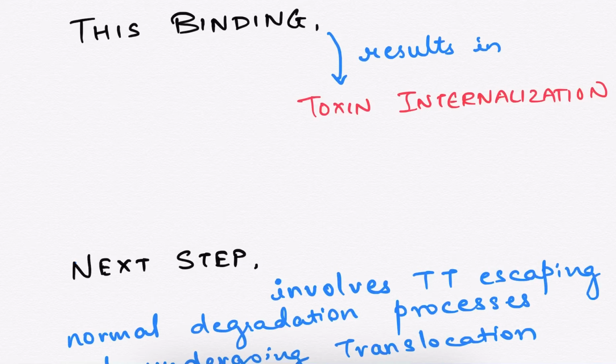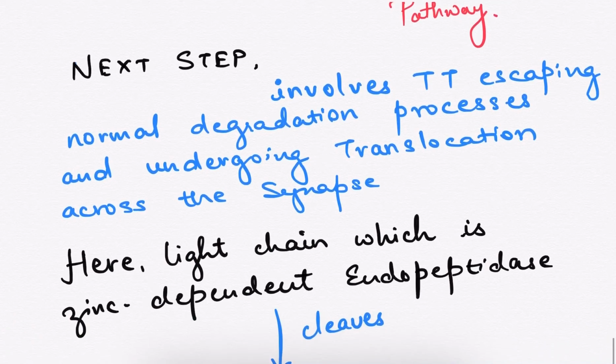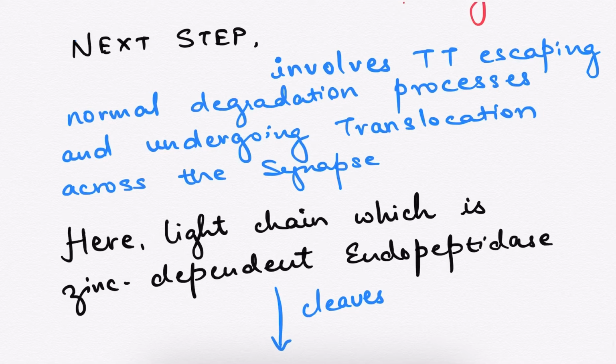Once inside the neuron, the toxin enters a retrograde pathway. The next step, which is less understood, involves the tetanus toxin escaping the normal lysosomal degradation processes and undergoing translocation across the synapse.